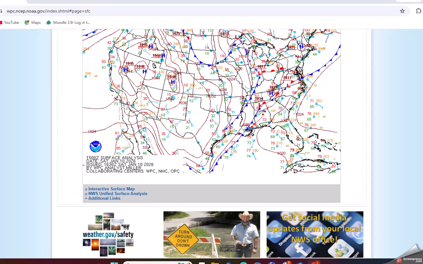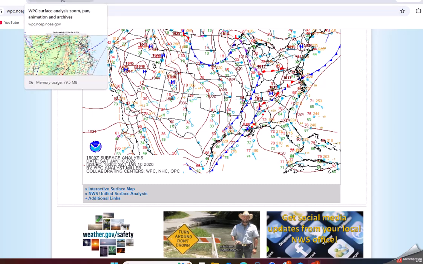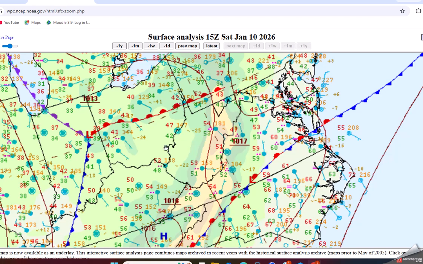So let's take a little more detailed look at a little corner of the world. With that in mind, we're focusing right here on West Virginia, Ohio, Pennsylvania, Virginia, parts of Kentucky.